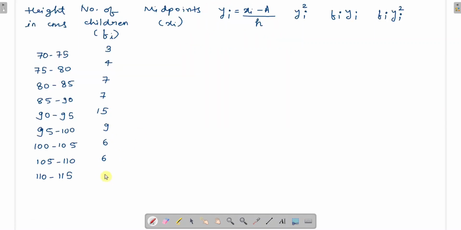and 3. Then midpoints xi will be the midpoint of 70 to 75, so that is nothing but 72.5.